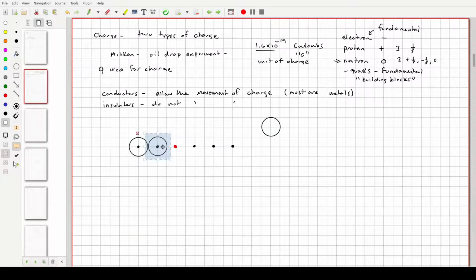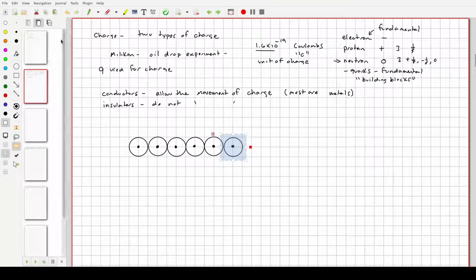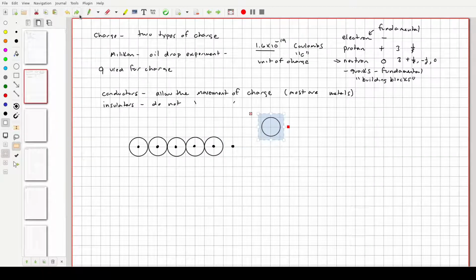So let me draw little orbital paths here. So here are a bunch of little orbits right here. These are all like the boundaries of the orbits, right?